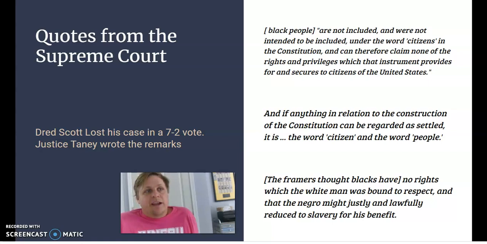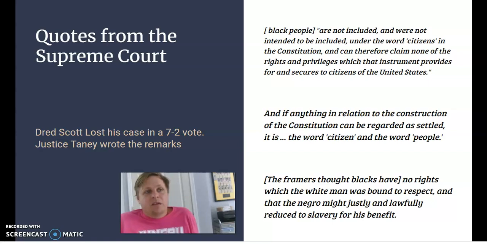Second one, and if anything in relation to the Constitution can be regarded as settled, it is the word citizen and the word people. His point being that both of those words exist, so the framers clearly had an intention to separate who was a citizen and who was people. And his argument is that African Americans are people and whites are citizens.